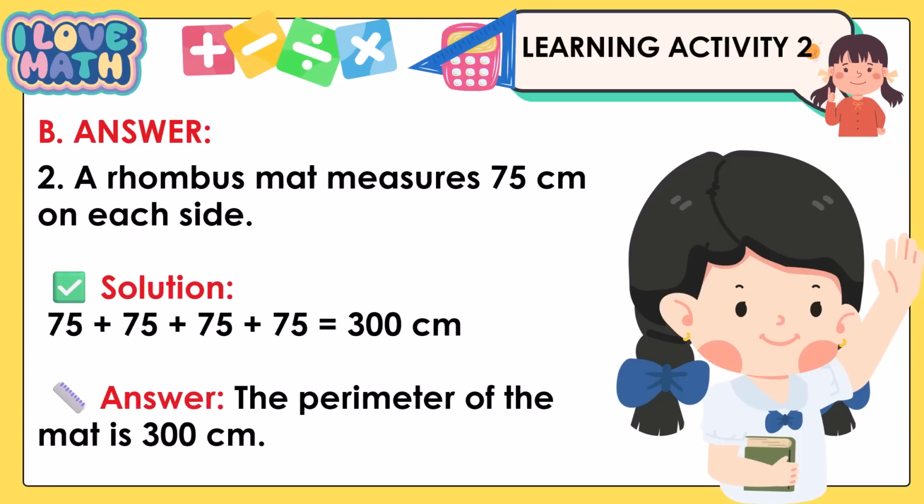Number 2, a rhombus mat measures 75 centimeters on each side. Solution: 75 plus 75 plus 75 plus 75 is equal to 300 centimeters. The answer: the perimeter of the mat is 300 centimeters.